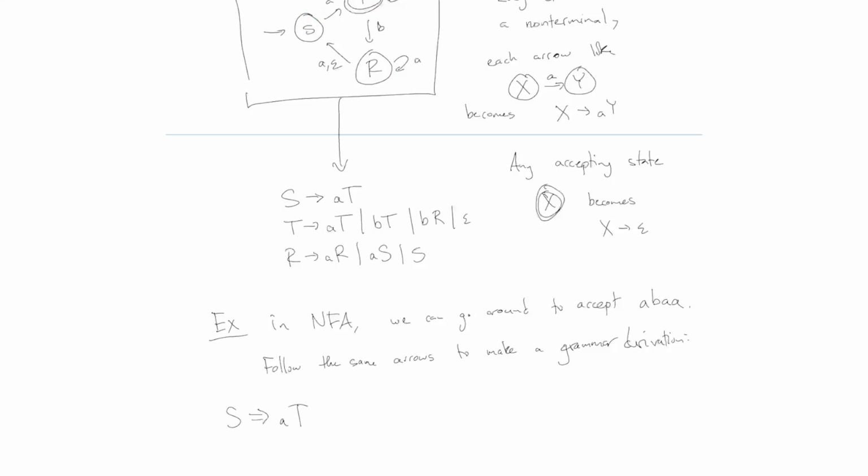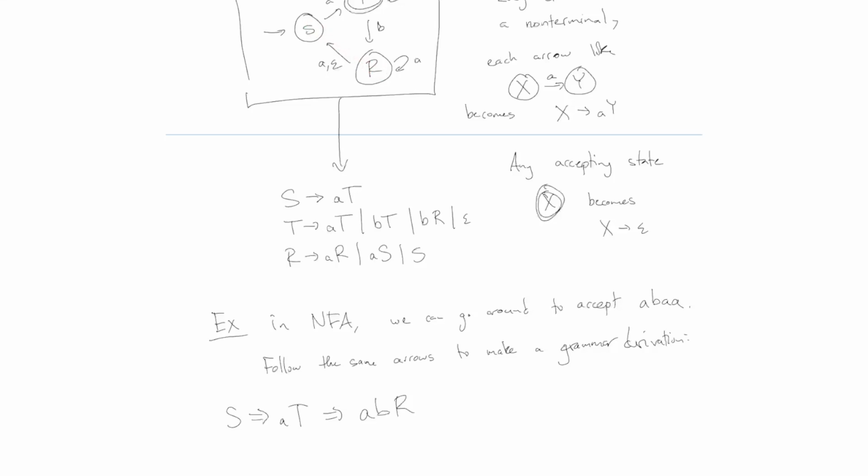Going around the diagram corresponds to the next step: go from T to R. So T goes to BR. This T becomes BR, so it's A and then BR. Again, I have a few choices about what to do with the R, and I just do whichever one I did on the diagram, and that was R goes to AS.